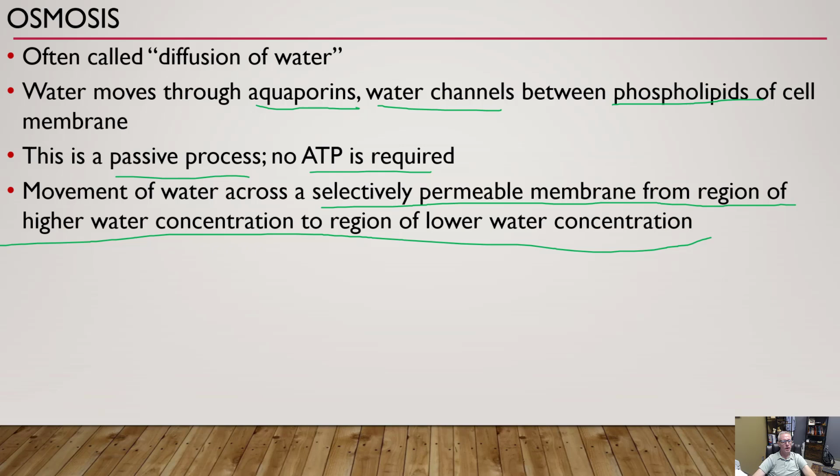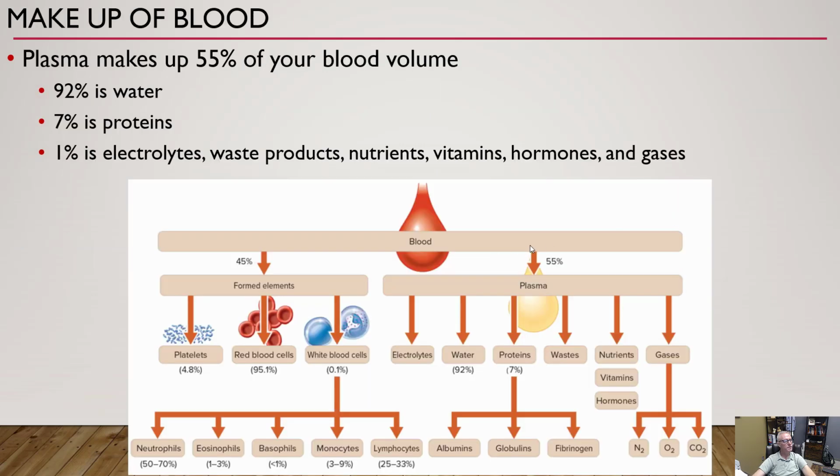All right, so now I'm going to confuse you a little bit. Well, not yet. When we look at the composition of the blood, and we'll dive into this a lot next semester, we see that about 45% of our blood is made up of formed elements: red blood cells, white blood cells, and platelets. We're going to spend some time on this 55%, our blood plasma. About 92% of our plasma is made up of water.